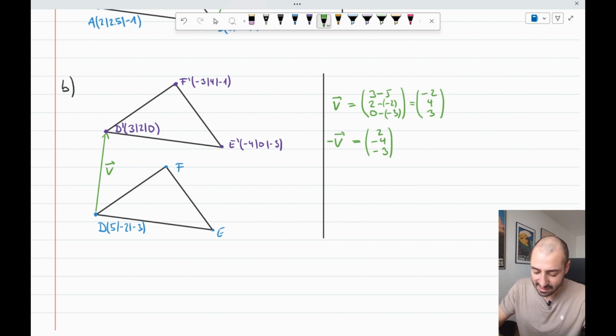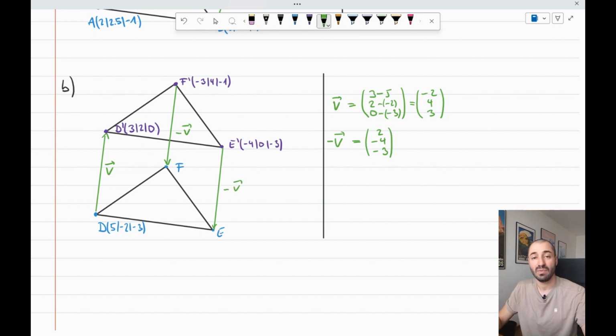And in this case, that's minus v, and this would also be minus v. So we can just add minus v here.